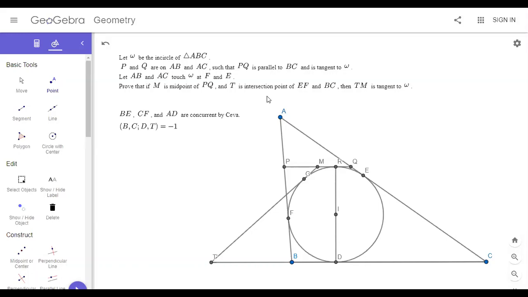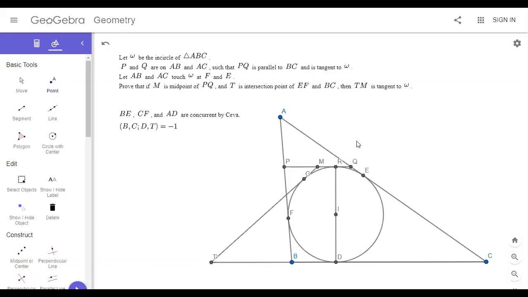Someone says maybe show the tangent from M to the incircle is parallel to the tangent from T to the incircle. Well, there's 2 of them.